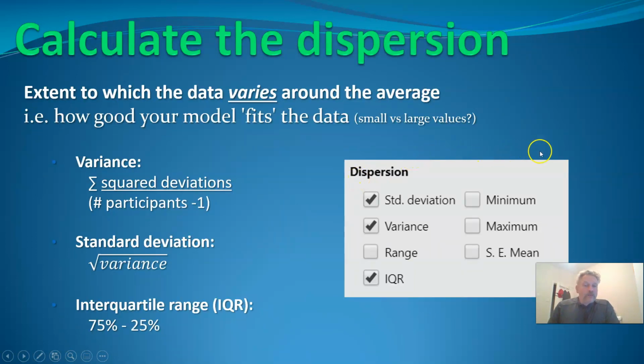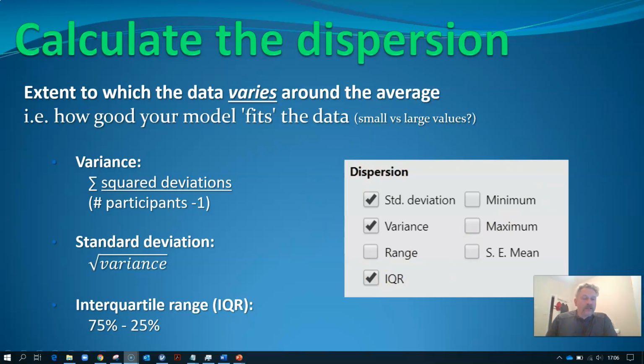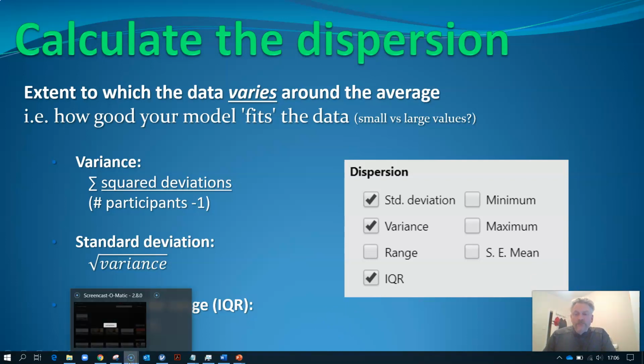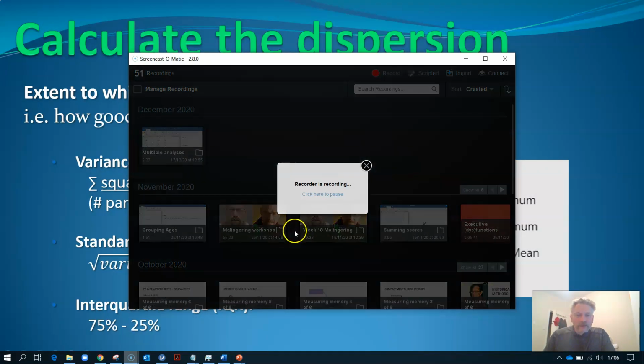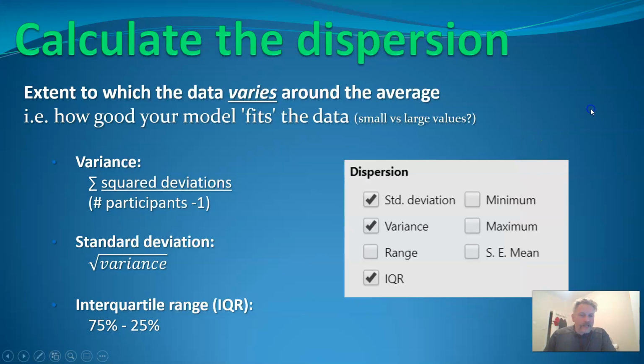So again, what you will see here in Jamovi, where have we gone? What we can do in Jamovi, I have to bring this back. Well, I've disappeared. Oh, I'm back again.